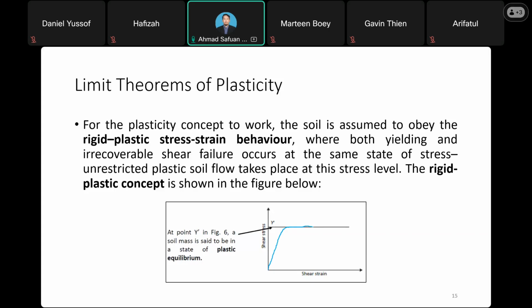So for this rigid plastic stress behavior, we assume it has a straight line. Okay, so this is a very simple approach that we can use for mathematical calculation later on, by using this rigid plastic stress strain behavior.